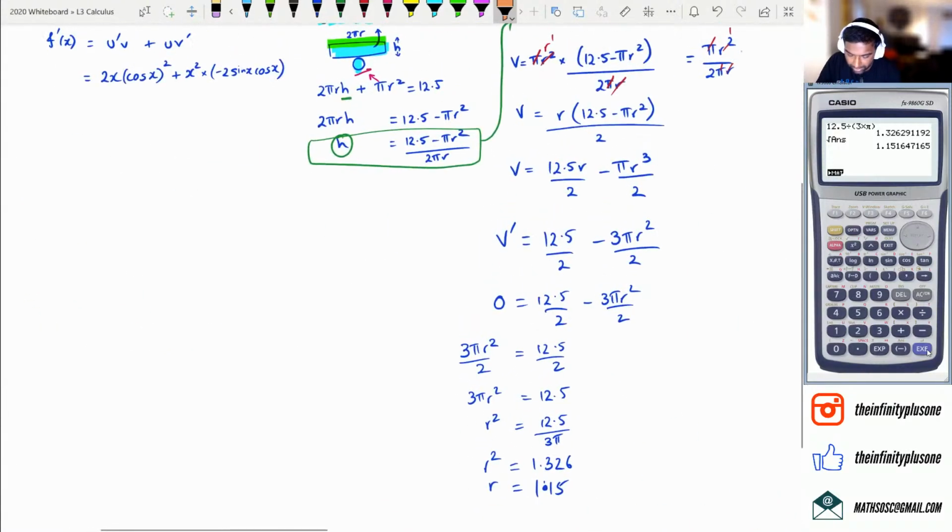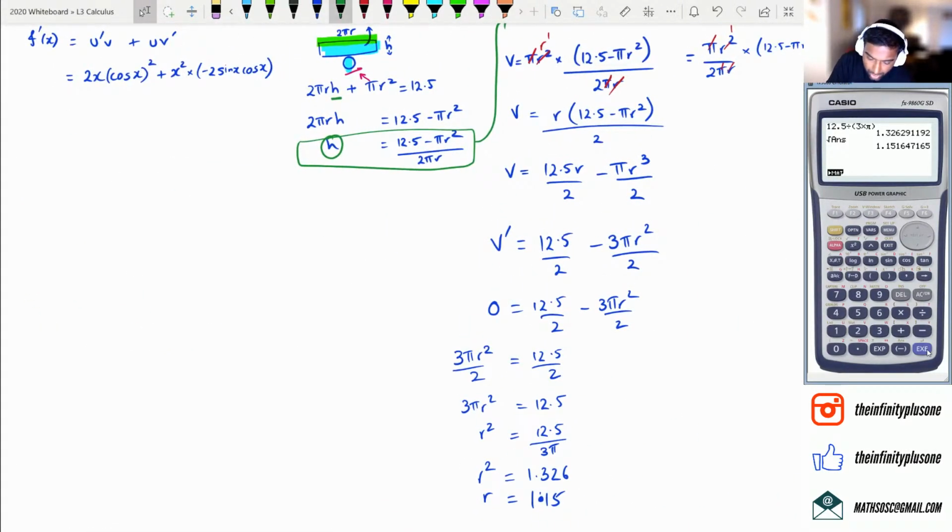So what you've discovered right now is just the radius. So we got to go back to that formula that we have in the green box where it's height, and we have to substitute radius in it, which in this case is 12.5 minus pi times 1.15 squared over 2 pi times 1.15.